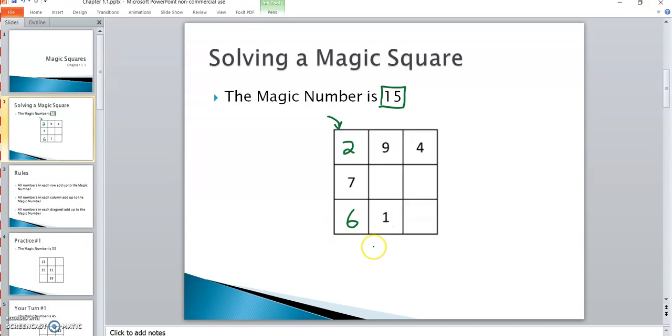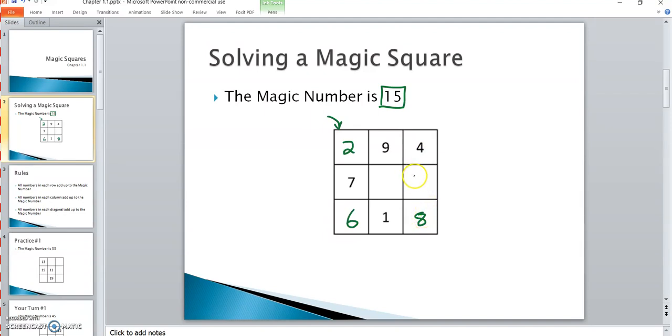The other way, if you don't want to use a calculator or don't have to use a calculator, is you can use your head. So right here in this row, I have 6 plus 1 is 7, and 7 plus something is 15. So that will be 8. And I can continue here. 4 plus 8 is 12.